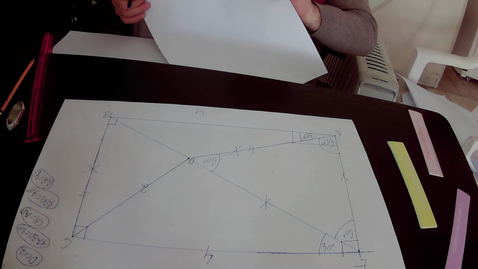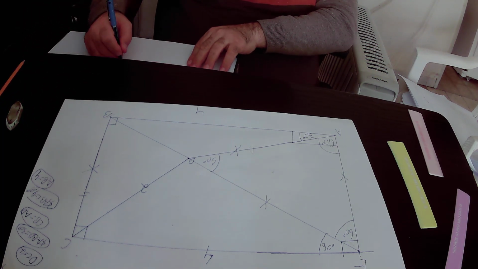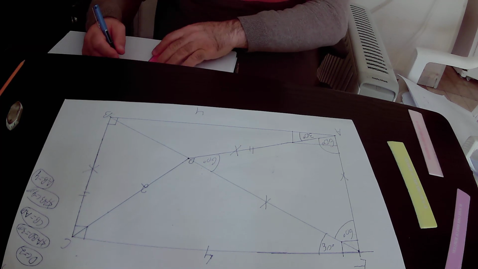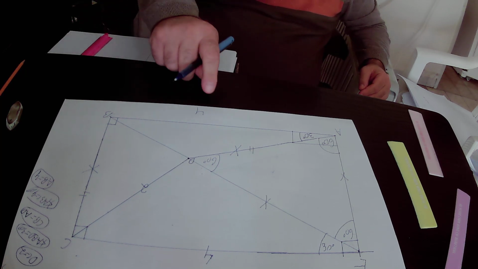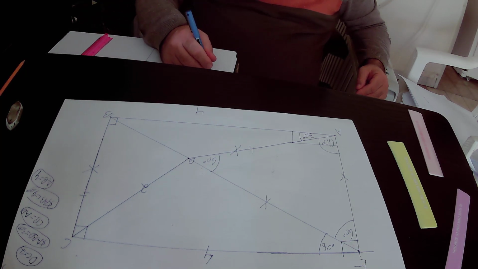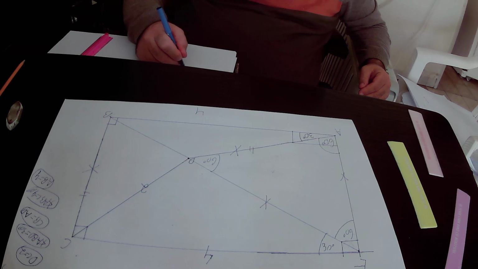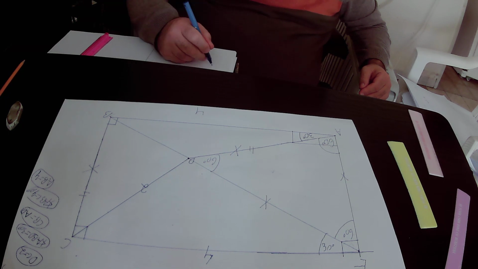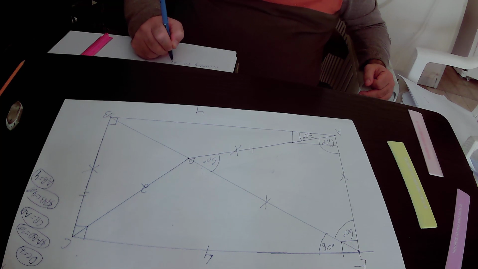So we actually proved that triangle ADB is congruent to triangle EDC according to the side-angle-side rule.